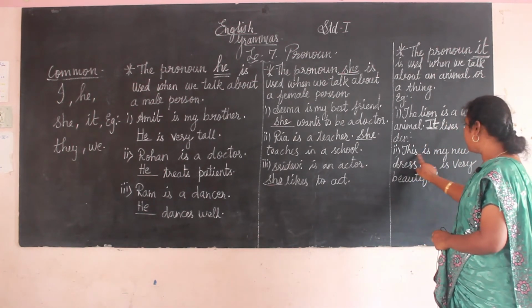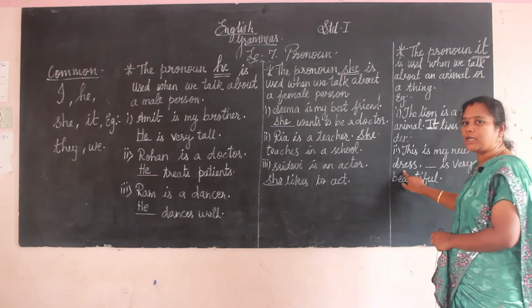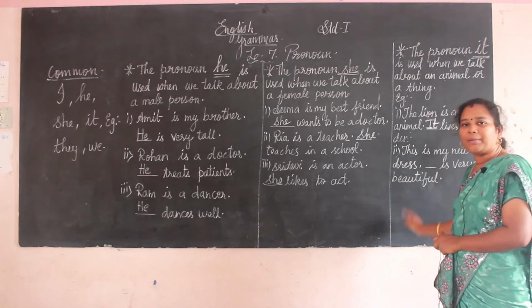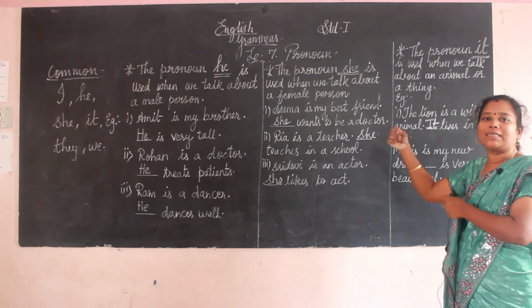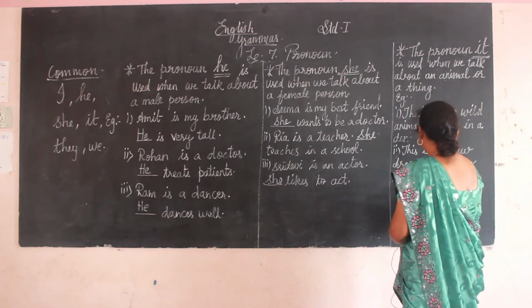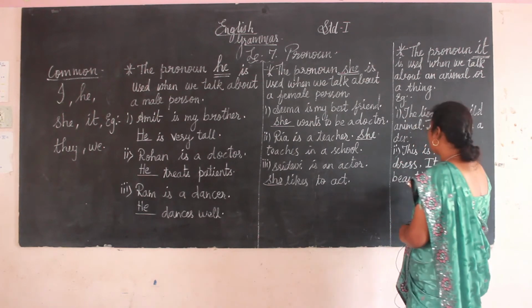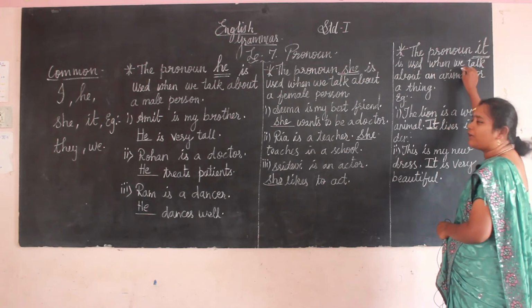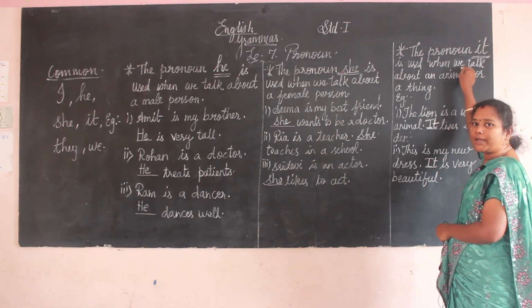Now see the next one. This is my new dress. Dash is very beautiful. So what will we say? It is very beautiful. The thing is very beautiful. Again I am saying, the pronoun it is used when we talk about an animal or a thing.